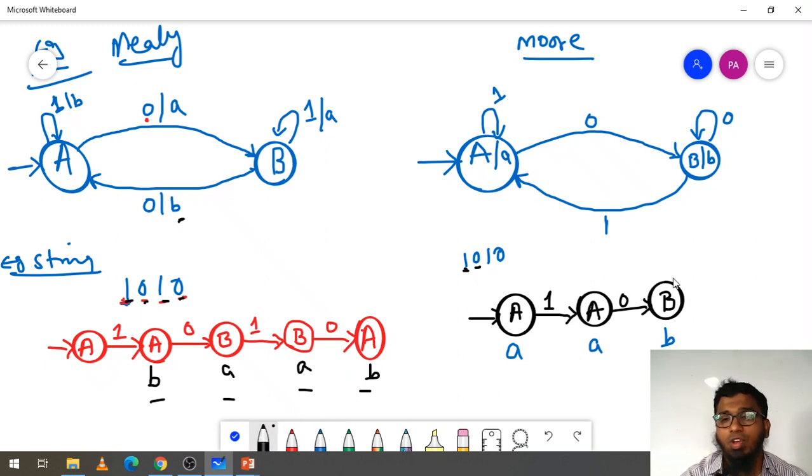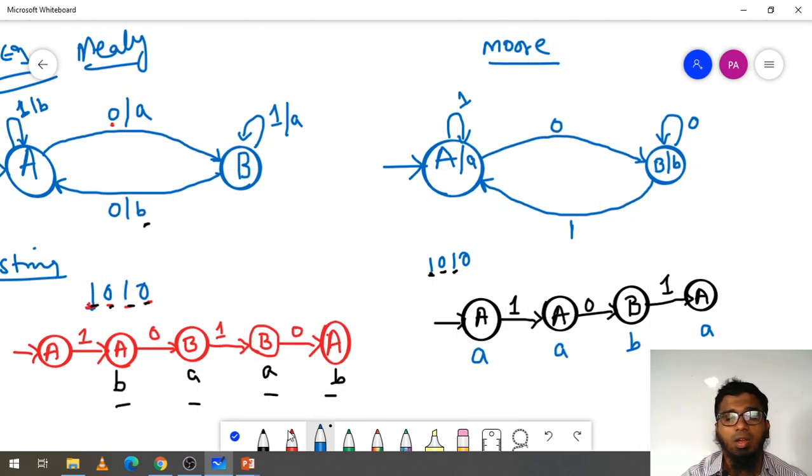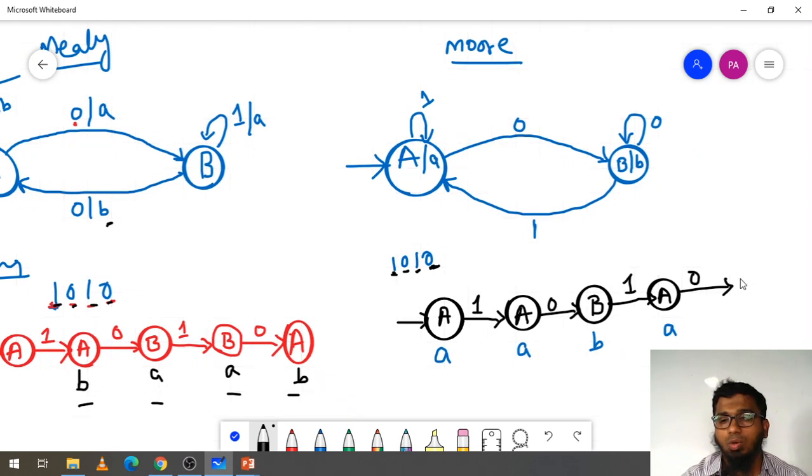Next, when B on 1, where is it going? B on 1 is going to A, and what is the output? Output is small a here. Okay. Next, when A on 0, where is it going?